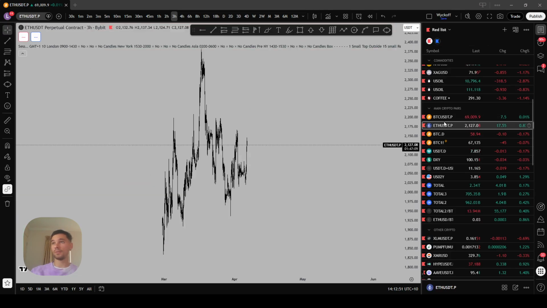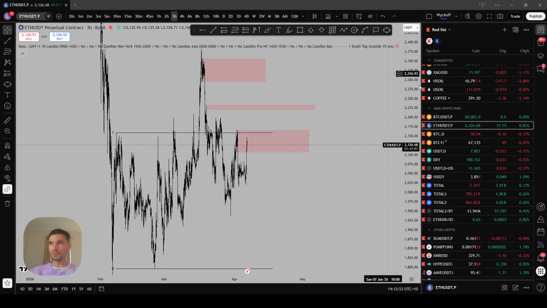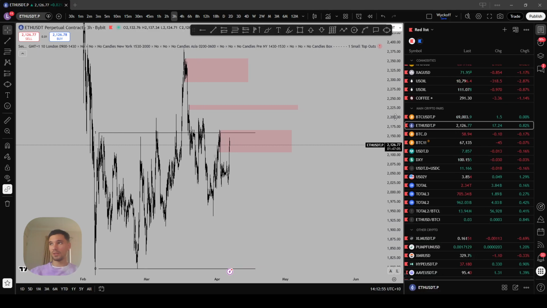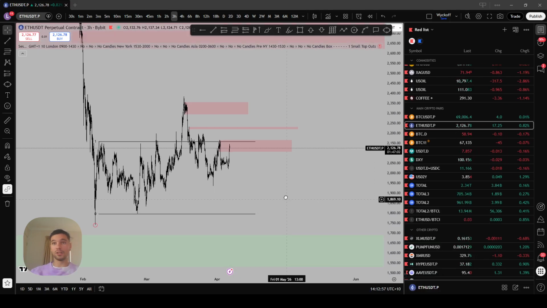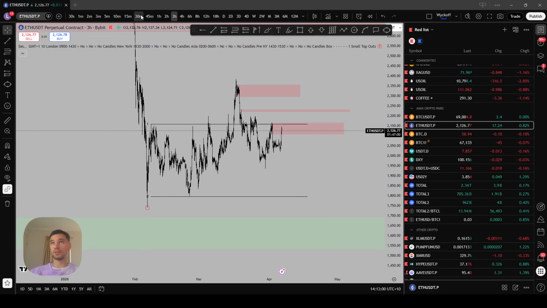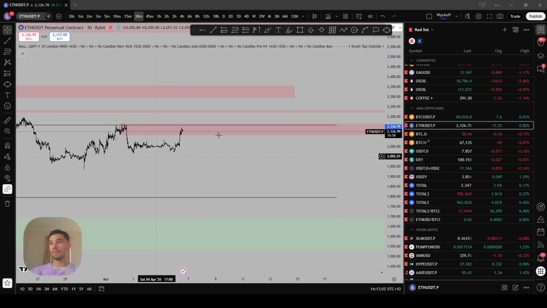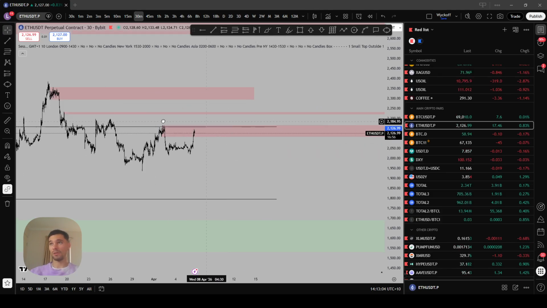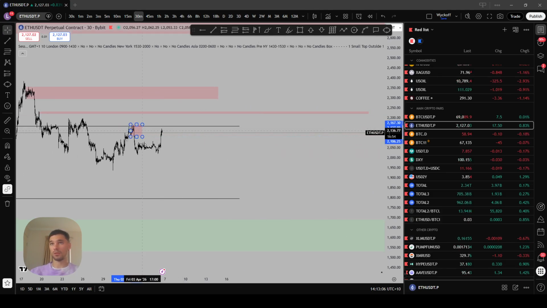Let's have a look at ETH. ETH has entered in this supply. So far, it's looking to push through quite strong.